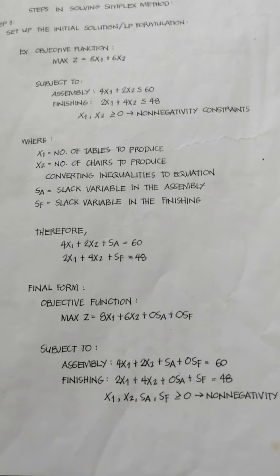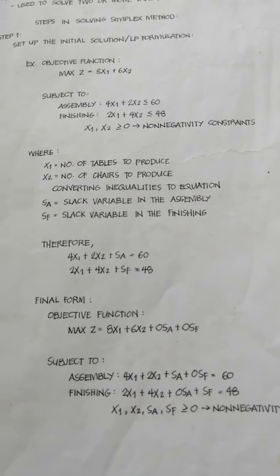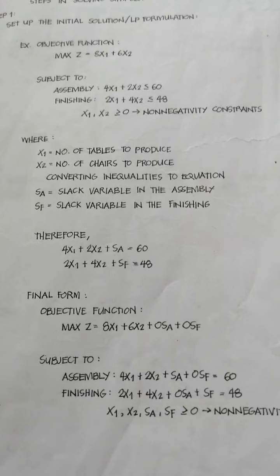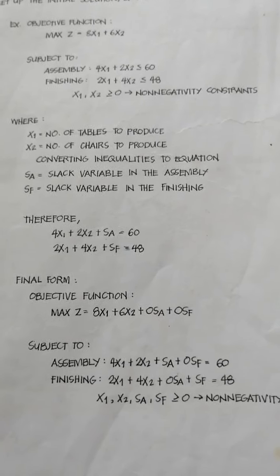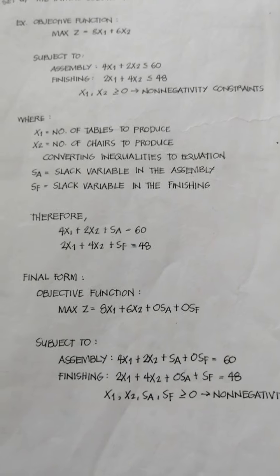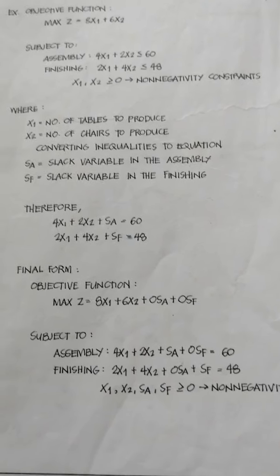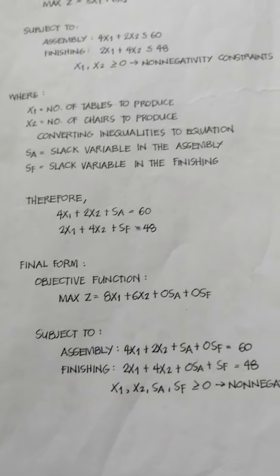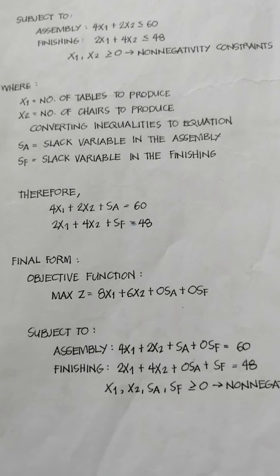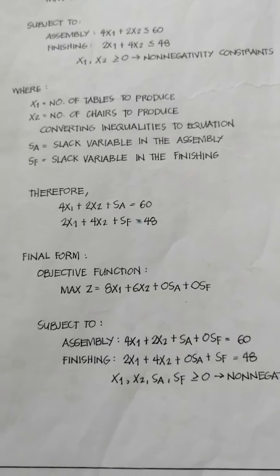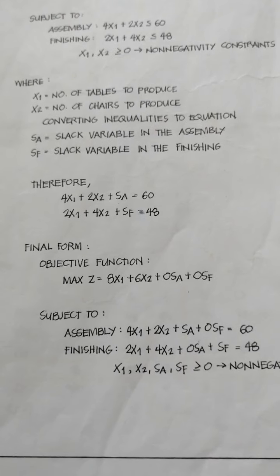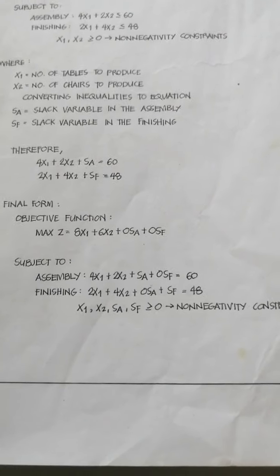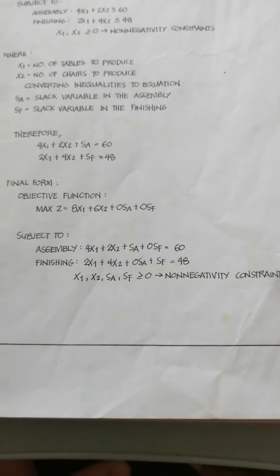So therefore, from the old equation we will have a new equation, which is 4x1 plus 2x2 plus slack variable in the assembly is equal to 60. So we can equate it now into 60 because we added the unused time in the assembly. The same manner in the finishing, we will have 2x1 plus 4x2 plus slack variable in finishing is equal to 48.